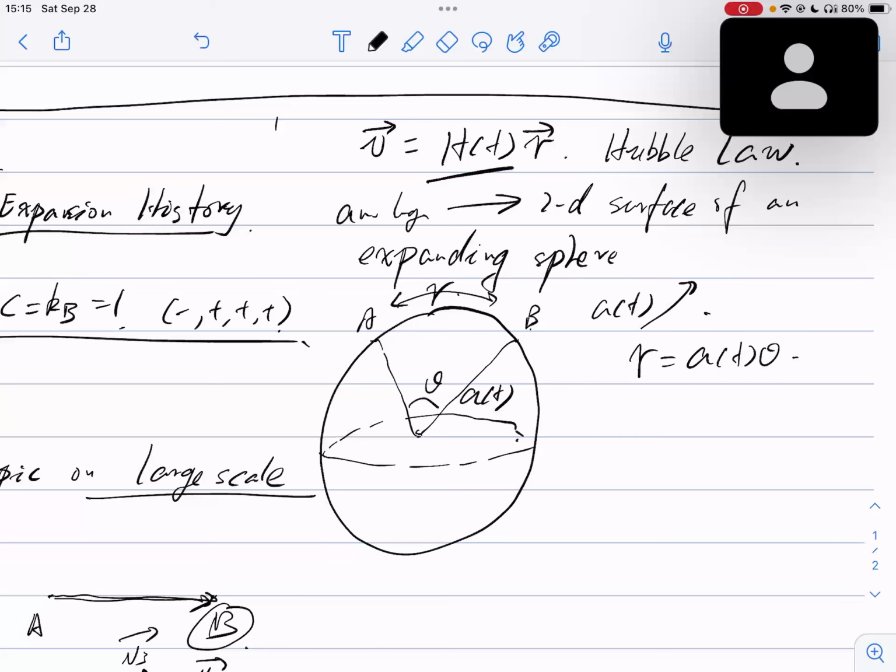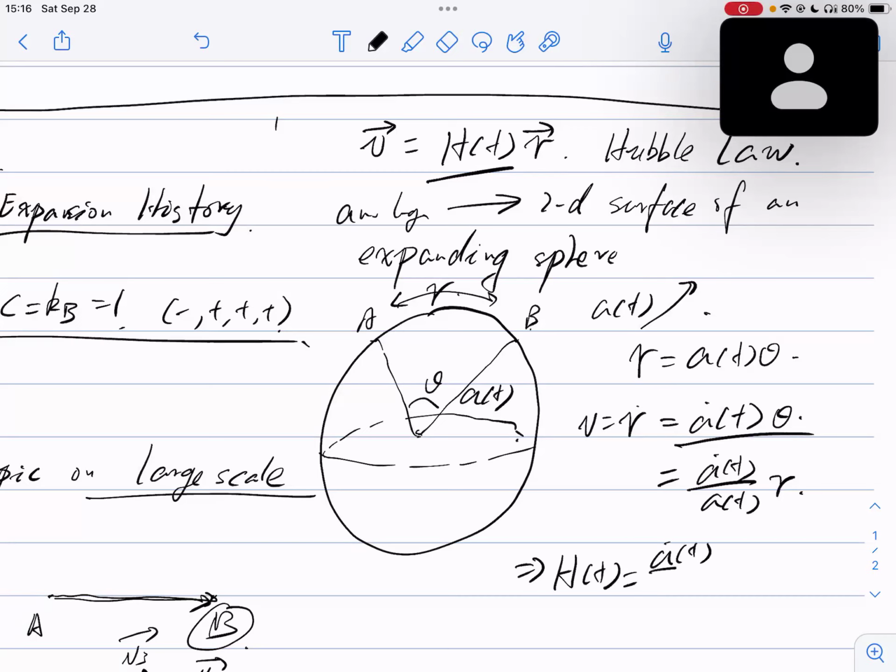And taking a derivative with respect to t, we will obtain that v equals R dot equals a dot(t) theta. And we can make a substitution of theta, and we obtain a dot(t) over a(t) times R. So in this analogy, we obtain that the corresponding H(t) will be a dot(t) over a(t).